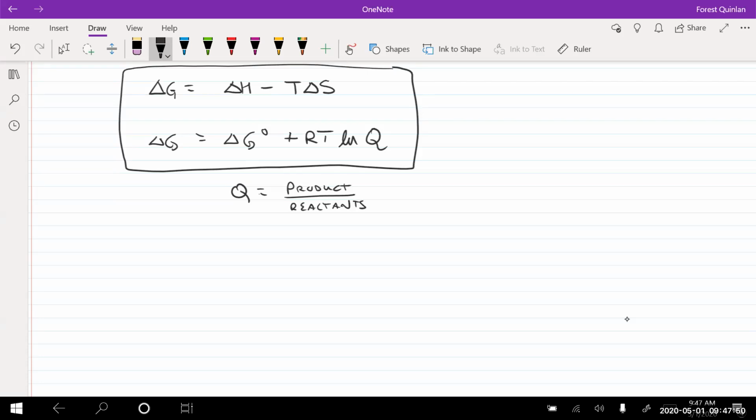Now what this is, it's a measure of how far away from equilibrium we are.